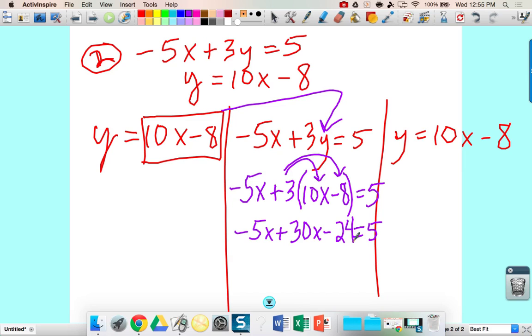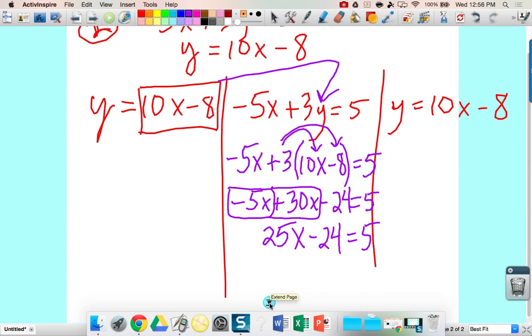And then you would combine the negative 5x and the 30x, which would give you 25x. And you bring down the negative 24. And then you would add 24 to both sides. You would move the 24 to the other side to solve for x.